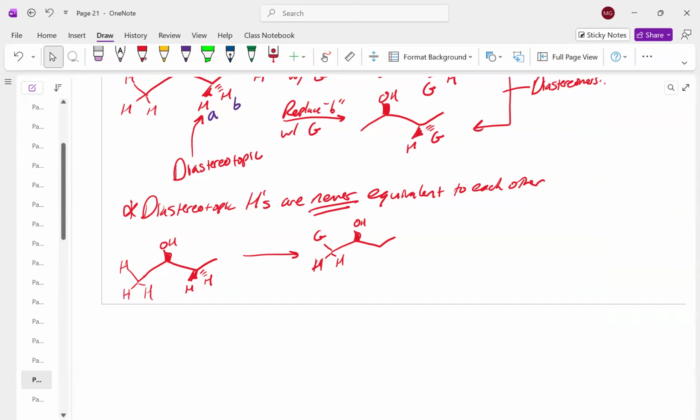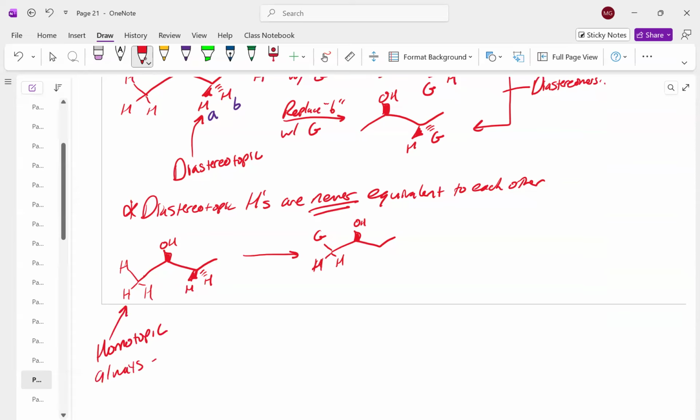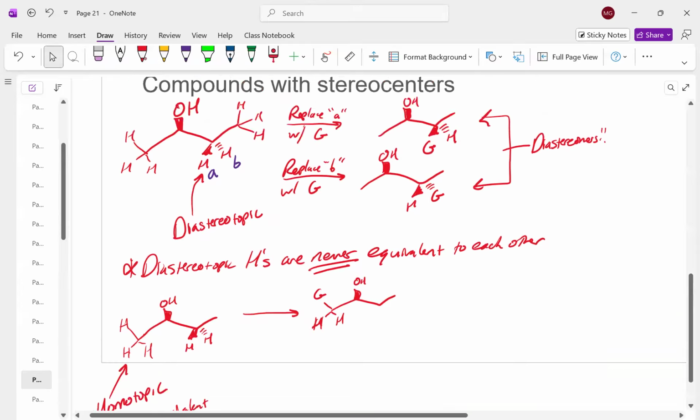And so we call these types of hydrogens homotopic, which are always equivalent to each other. That's why I was saying earlier, hydrogens of a CH3 group are always equivalent to each other. A CH2, though, you kind of have to do this mental exercise. So if it's diastereotopic, those hydrogens are not going to be equivalent to each other.